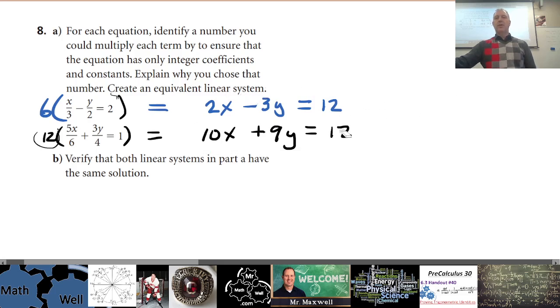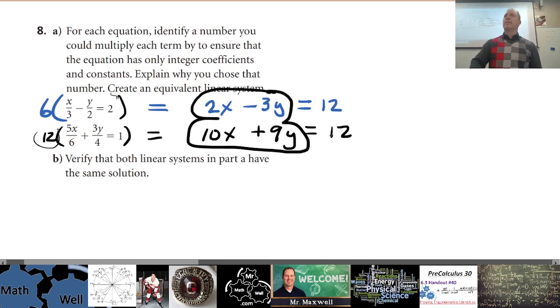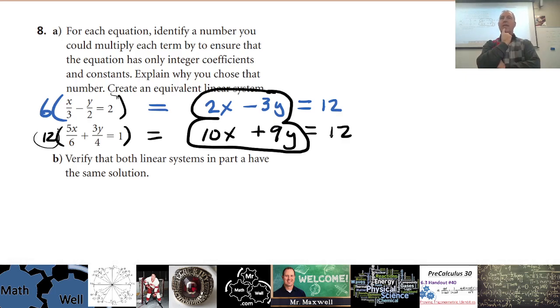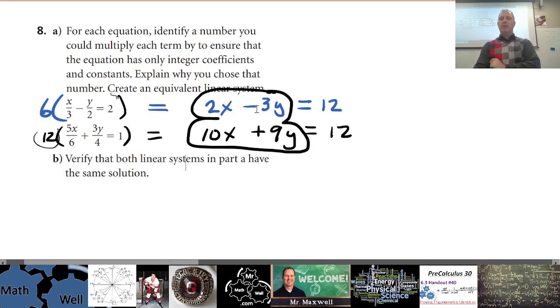This situation right here, both of these expressions here and here, both of them equal 12. So, using the transitive property that we talked about before, would it be a good idea for me to make one equation by letting 2x minus 3y equal 10x plus 9y? Because they're both equal to the same thing. Could I do that? Yeah, I could. Is that a good idea?